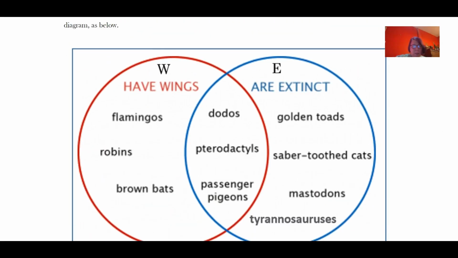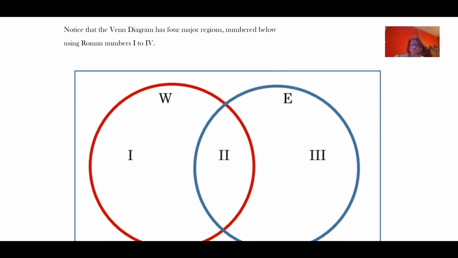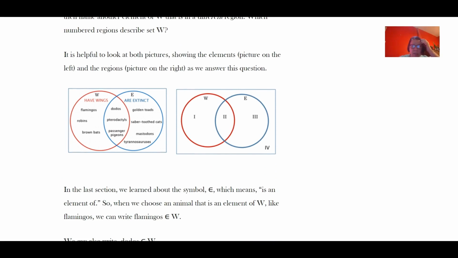So here's W again, right? What if we wanted to name one of the elements of W that's in one region and another element that's in a different region? How could two regions both be W? I think you can see it. So, for example, if we look at both pictures now side by side, that makes it a little easier to see. See the flamingos? They're in W, right?